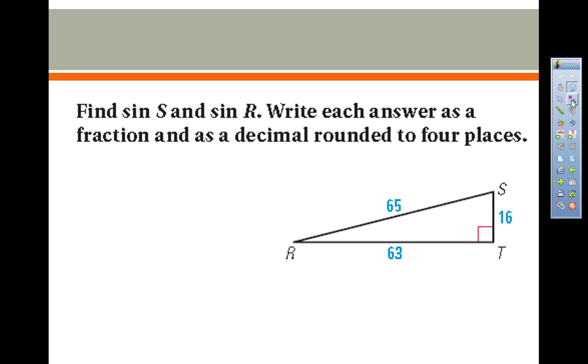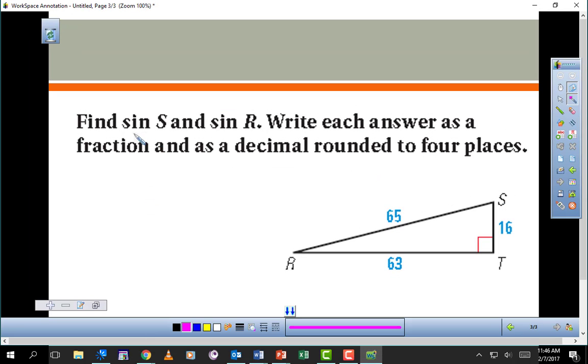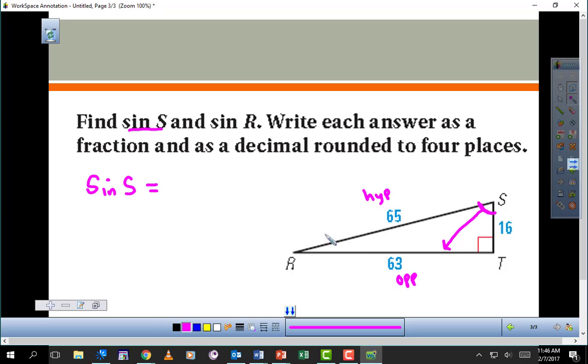If you have this triangle, how can we do the sine of A? Or excuse me, the sine of S? Well, from this perspective, angle S is up here. So the opposite side is over here. And the hypotenuse, of course, is always the hypotenuse of the right triangle. So the sine of S is equal to 63 over 65.